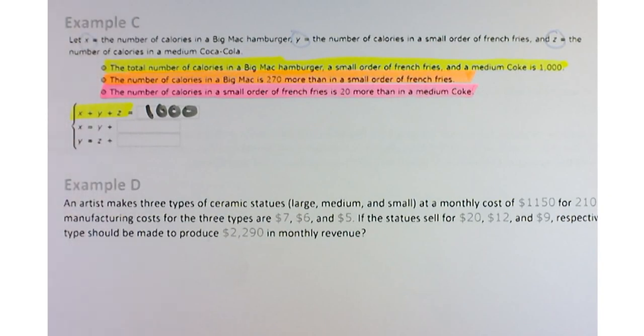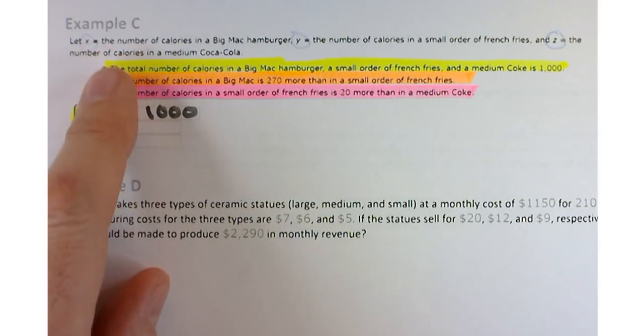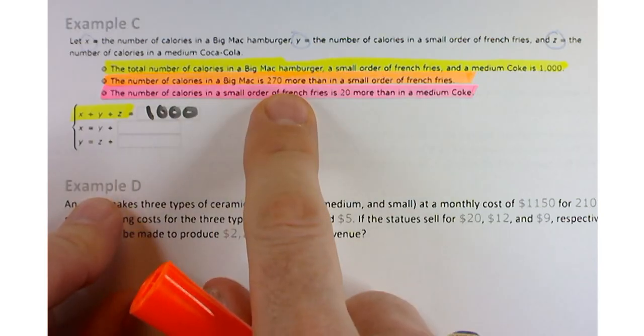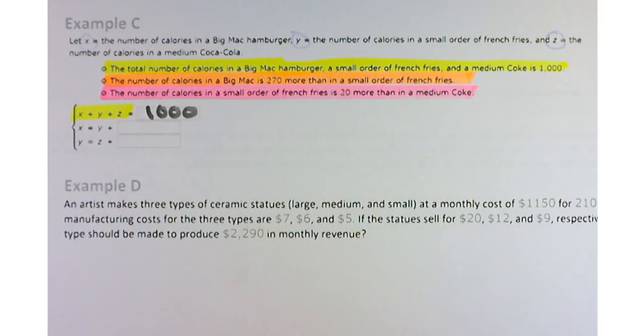The number of calories in a Big Mac is 270 more than in an order of small fries. So, okay, we got to think about that a little bit. X is the number of calories in a Big Mac, and when you see the word is, oftentimes that relates to the word equal, or the symbol equals.